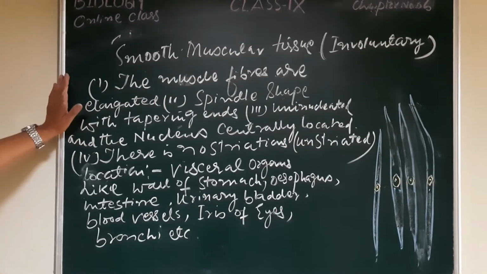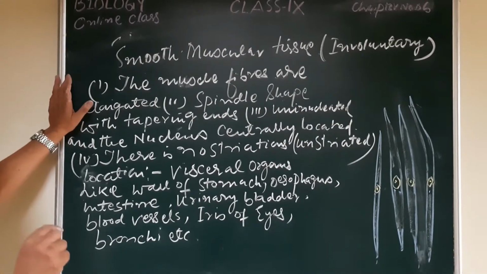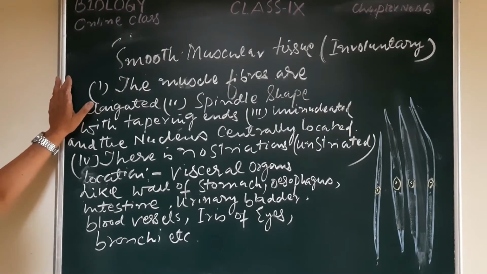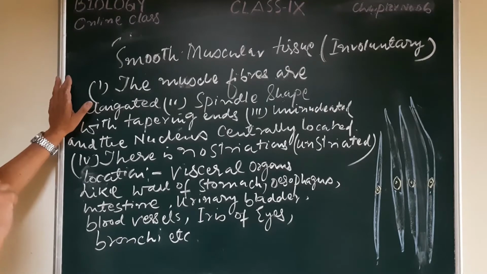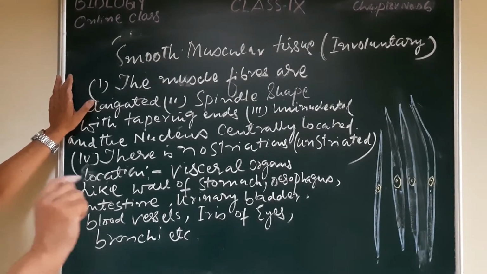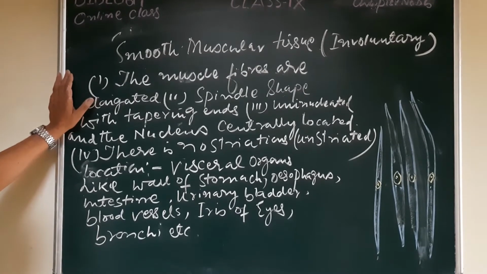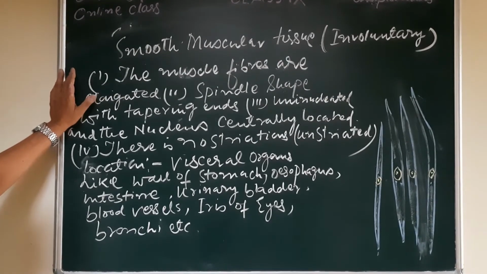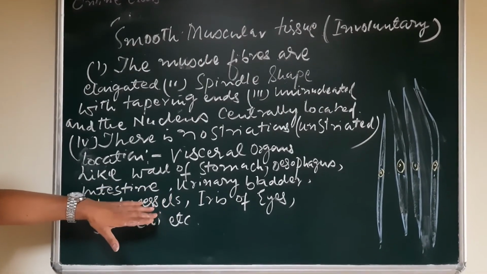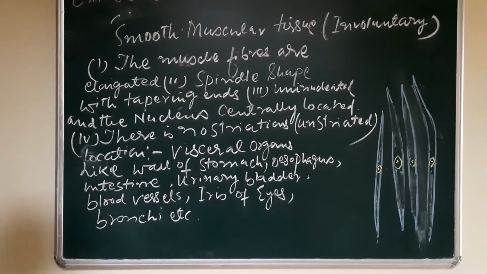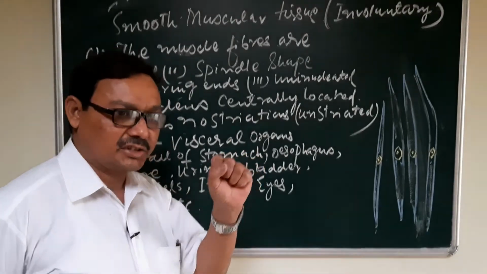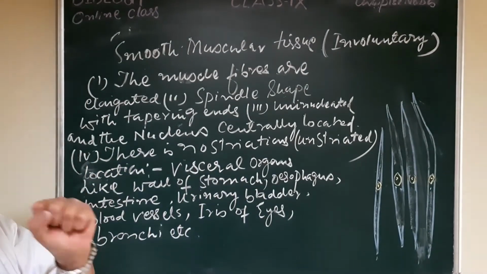This is related with the movement, but not under our will. The peristaltic movement, like movement of the food particles within the food pipe, and similarly the contraction and relaxations of the blood vessels.